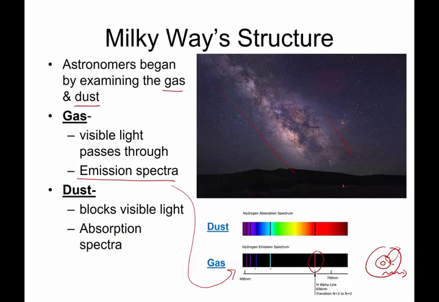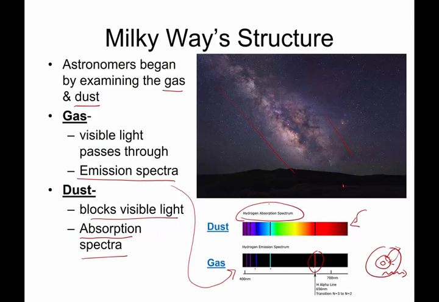The dust are the bits that block visible light. And there is a lot of interstellar dust in our galaxy. To try and figure out what that is made of, that's actually going to produce an absorption spectra. An absorption spectra is the opposite of an emission spectra.